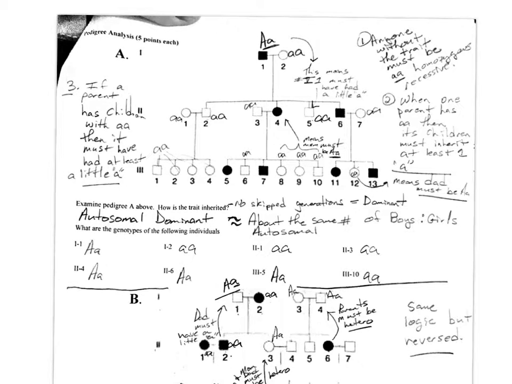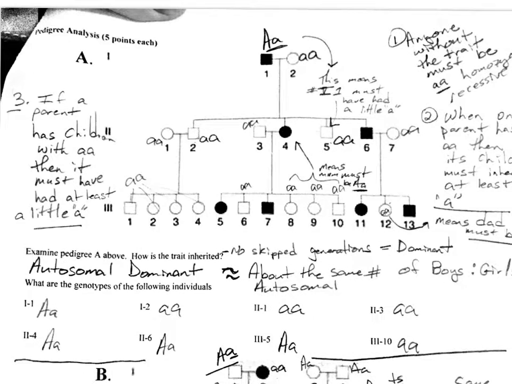So when we're looking at this pedigree, I'm going to choose dominant, and then I'm going to say autosomal. Now, if it's dominant and autosomal, then let's see if it fits all our data. We know this person had it.